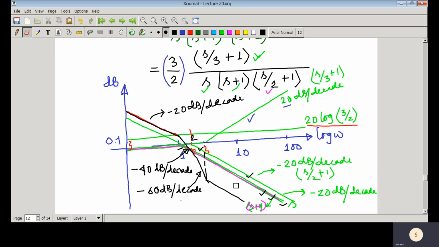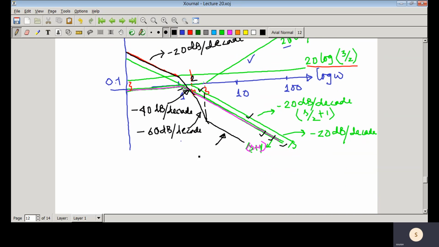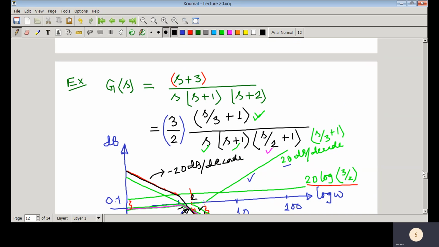So this is the asymptotic Bode plot. So here you have -40 dB per decade. So this is the asymptotic Bode plot for this particular transfer function.